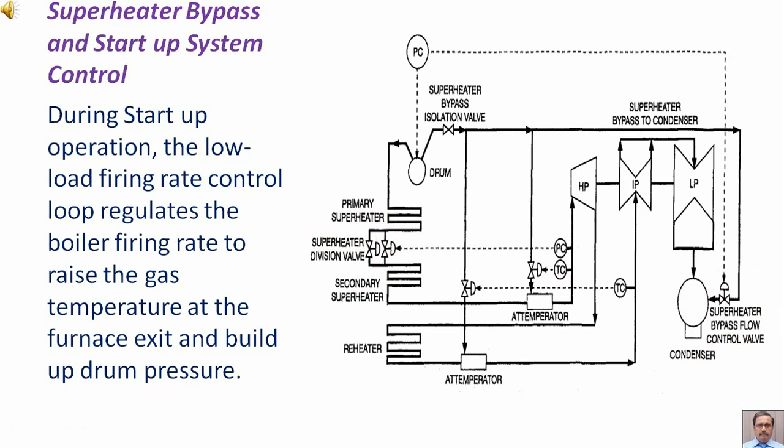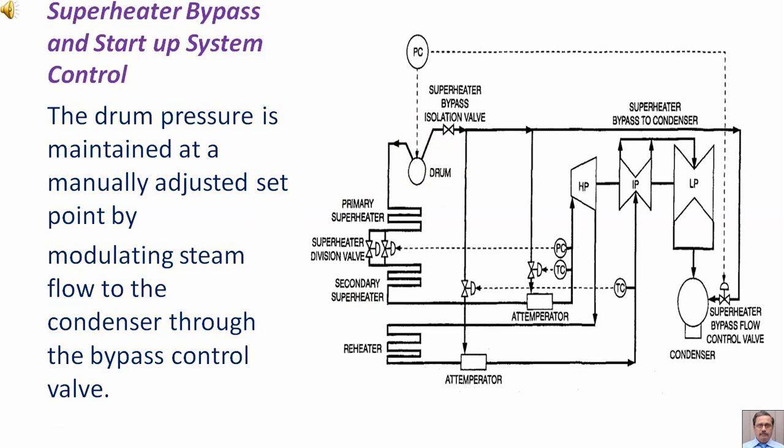During startup operation, the low load firing rate control loop regulates the boiler firing rate to raise the gas temperature at the furnace exit and build up drum pressure.